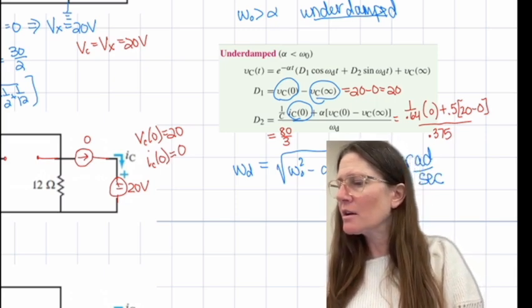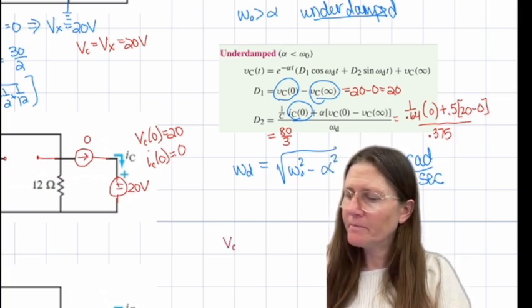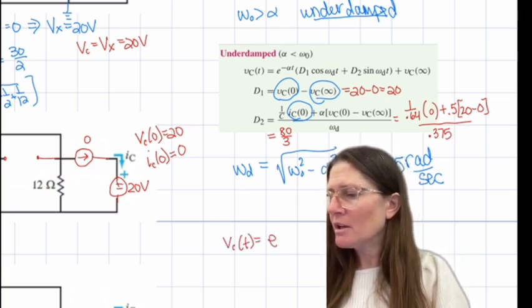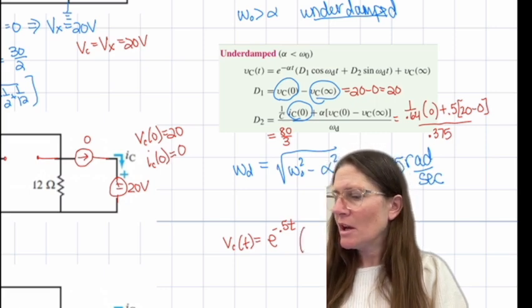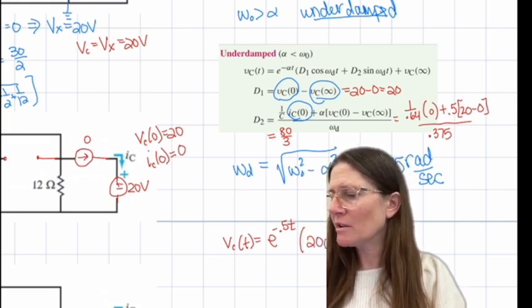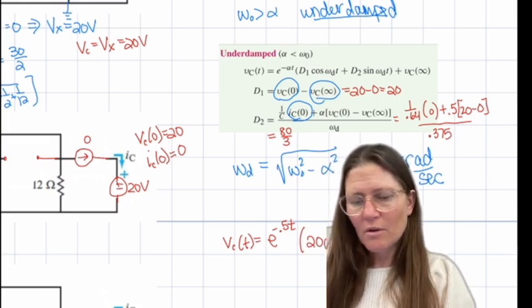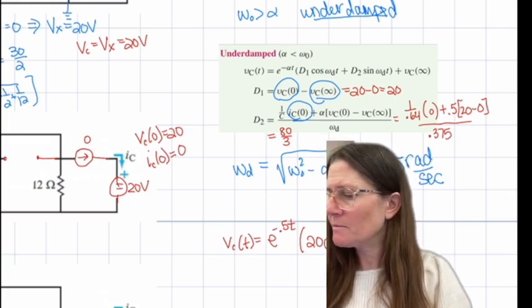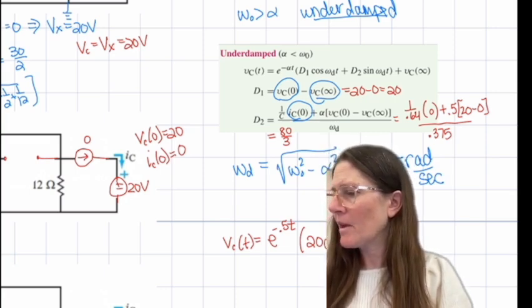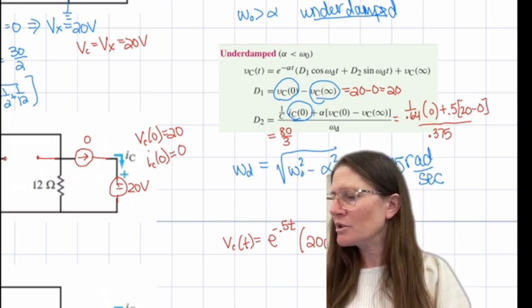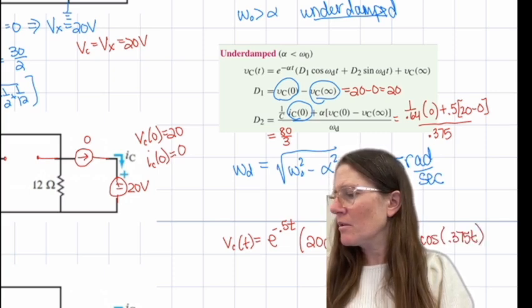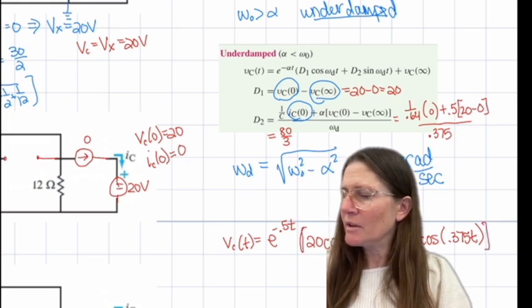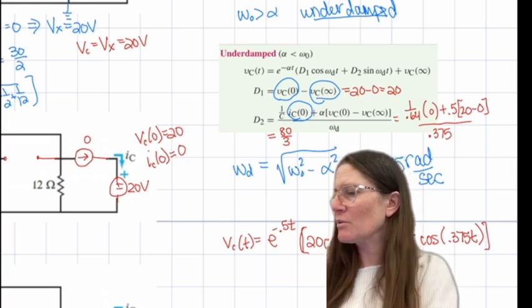And then Vc of t is e to the minus 0.5 t, and then D1 is 20 cosine 0.375 t plus the D2, which is 80 over 3 cosine 0.375 t, and then plus the Vc infinity, which is 0.